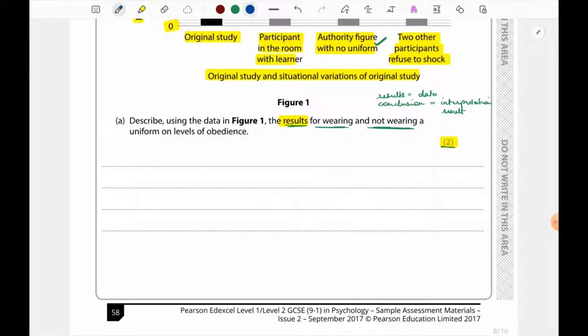Okay. So, how we should put it neatly into words is we can say, for wearing a uniform, the level of obedience was approximately 65%.